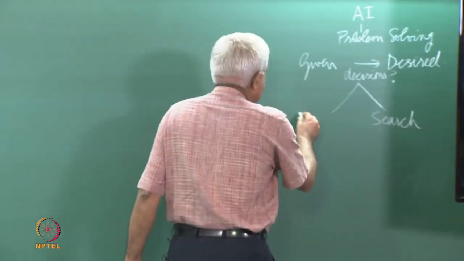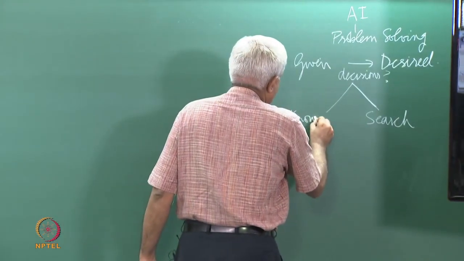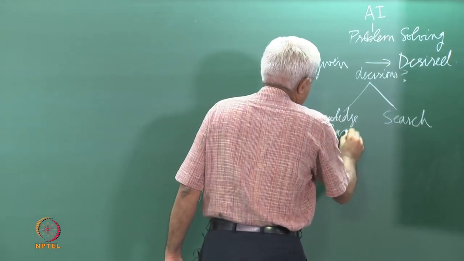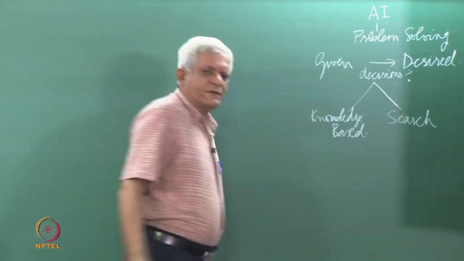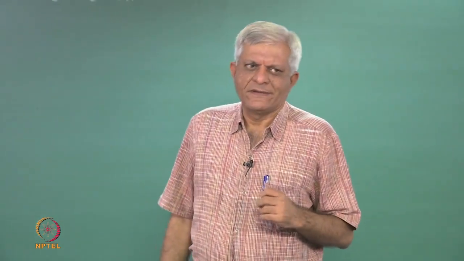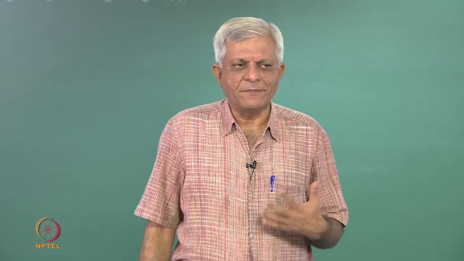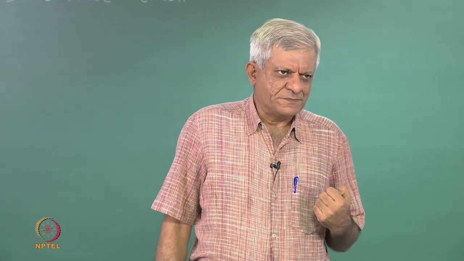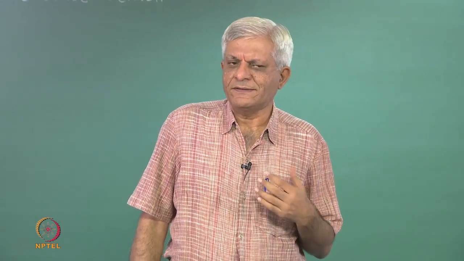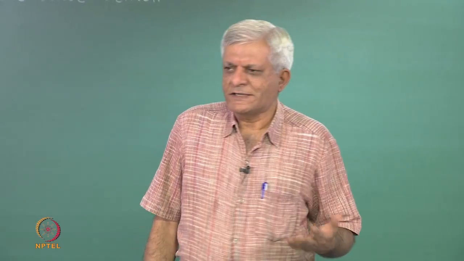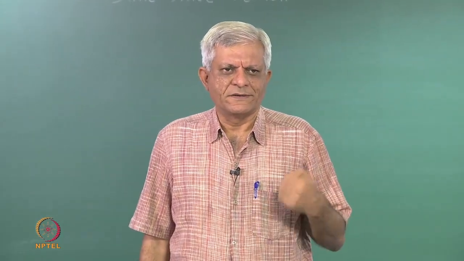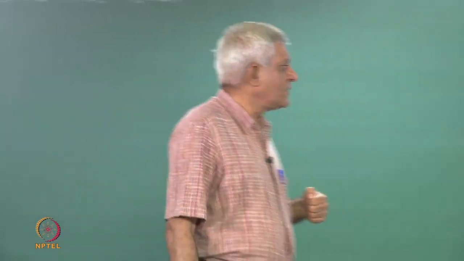The other is knowledge based, in which you are trying to exploit knowledge which has been accrued by some means essentially. So, in general, of course, knowledge is derived from experience, either your own experience or somebody else's experience, and conveyed in the form of books and lectures and things like that, or stories.